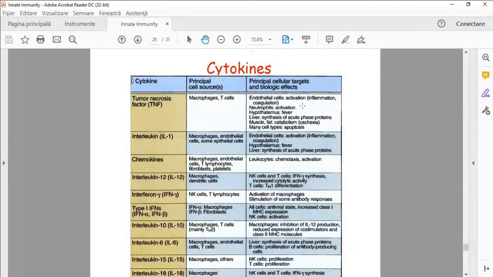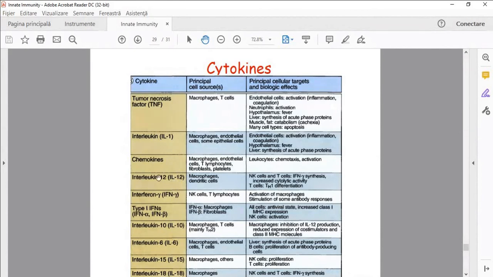Interleukin-1 is the other pro-inflammatory cytokine, which can be synthesized by many sources and also increases the activation of endothelial cells and increases the fever and synthesis of the acute phase reactants.